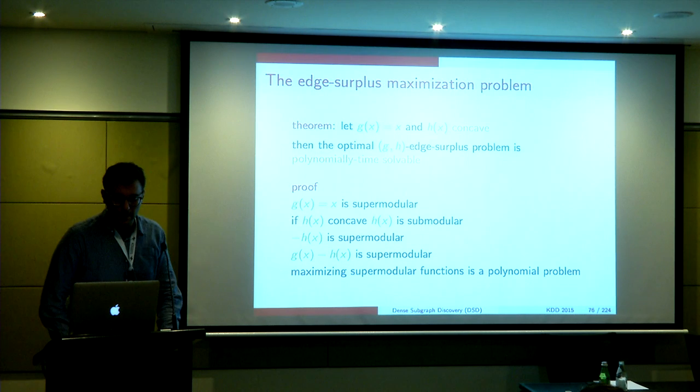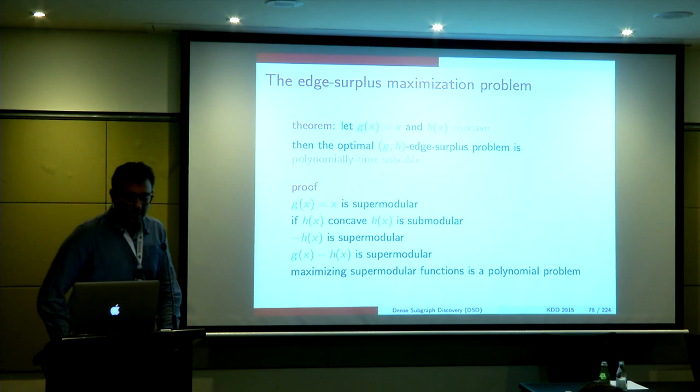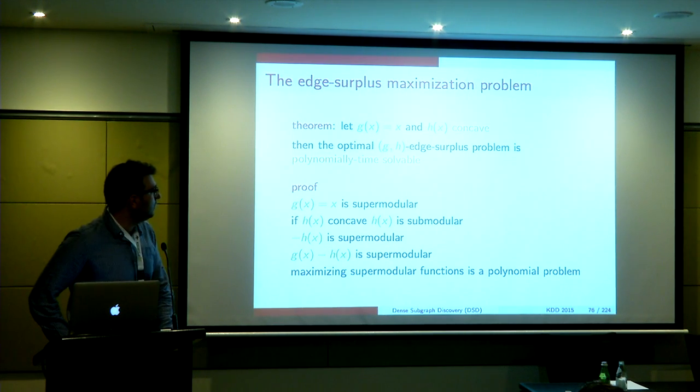So in this framework, if you set G to be the identity function and H to be a concave function, then you get a family of objectives which are polytime solvable. And the idea is pretty simple.